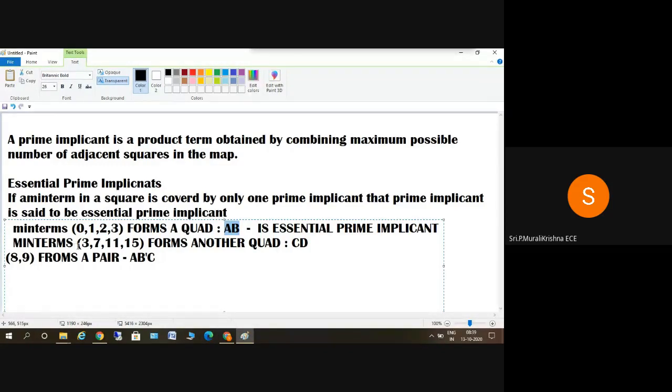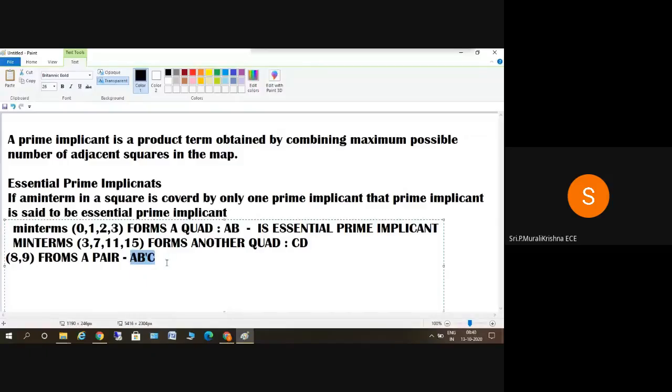Coming to this term, 8, 9 is covered only by the prime implicant AB bar C. So the meaning of this is that all the prime implicants we have are essential; we have to include them in the final sum.